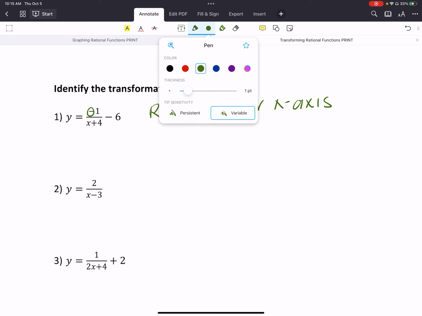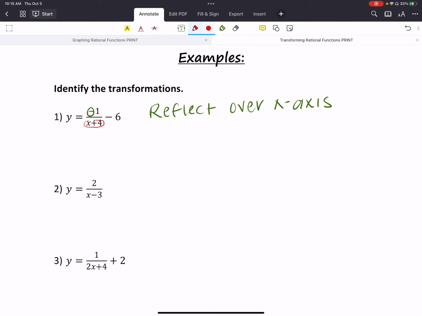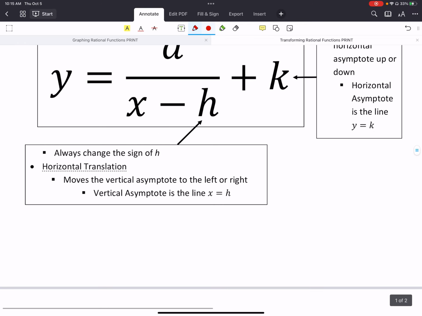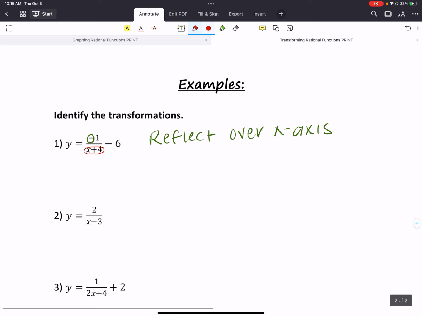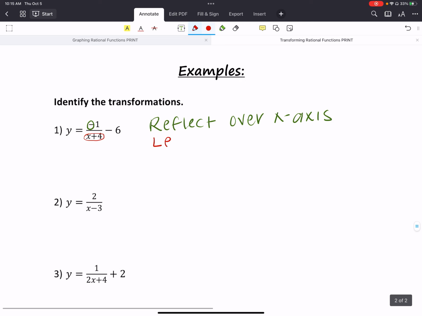Then we have this +4 on the bottom, so we go opposite. It says always change the sign of h, so that means this is going to go left 4. And lastly, this -6 tells us we go down 6.